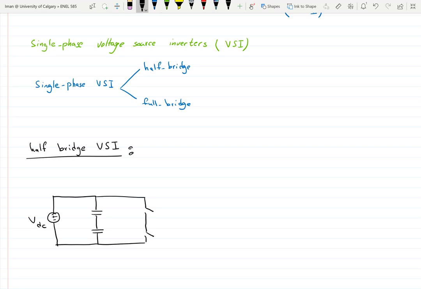A switch here, and an anti-parallel diode with the switch. Another one here.